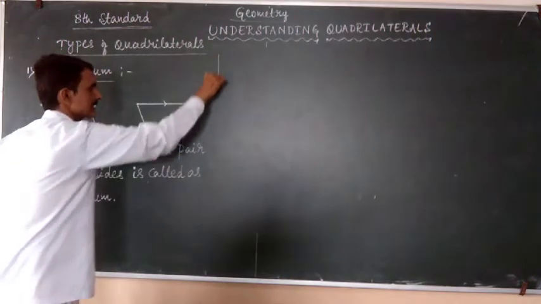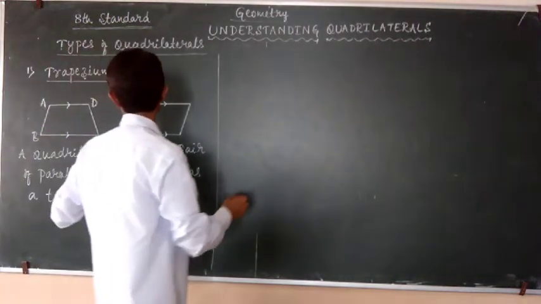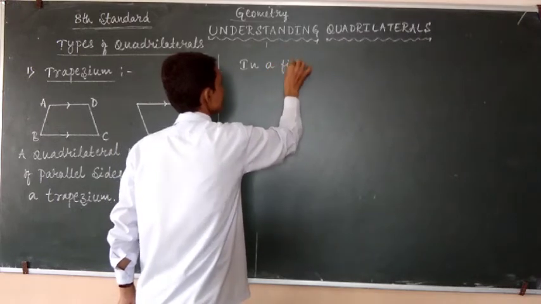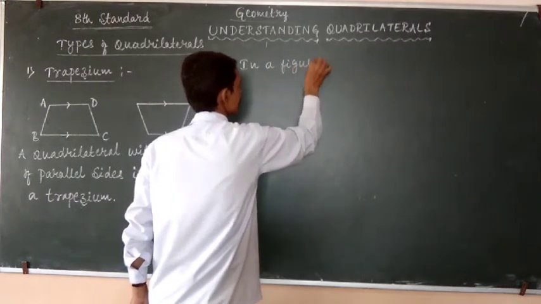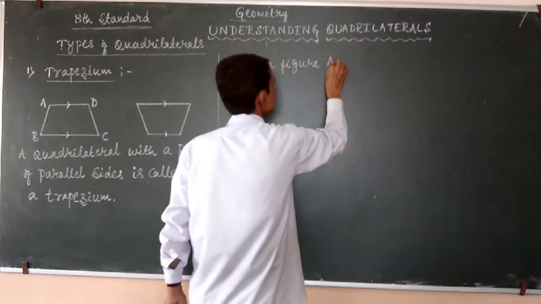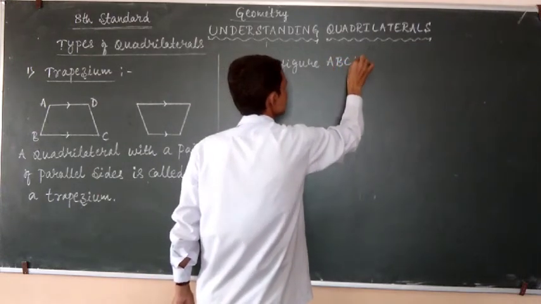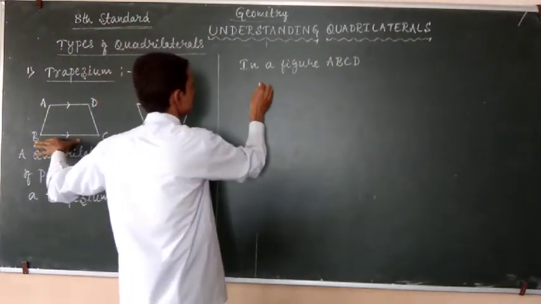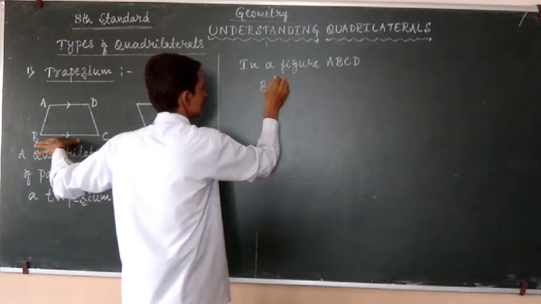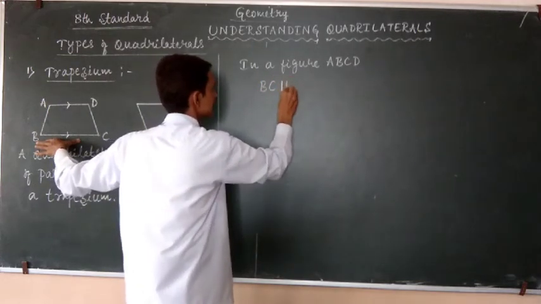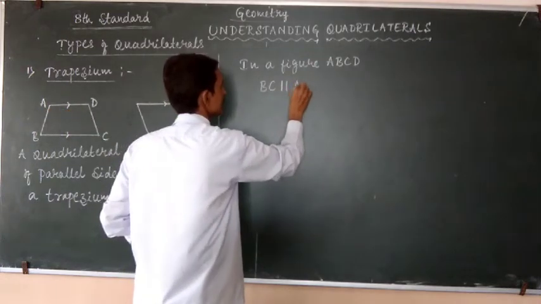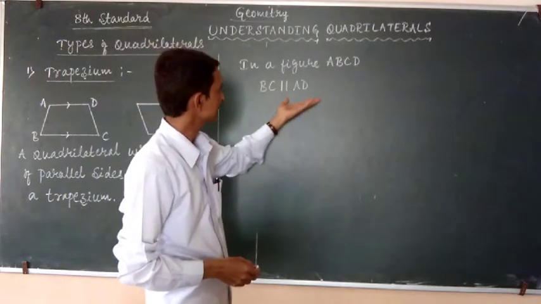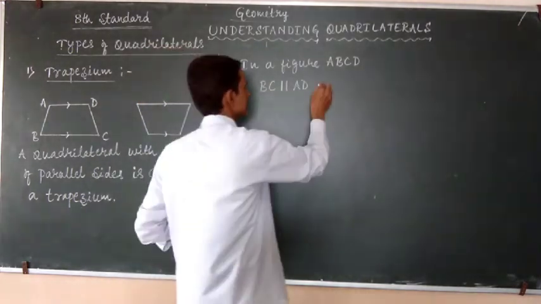Therefore, students, we can write in the figure ABCD, side BC is parallel to AD, or you can write AD is parallel to BC.